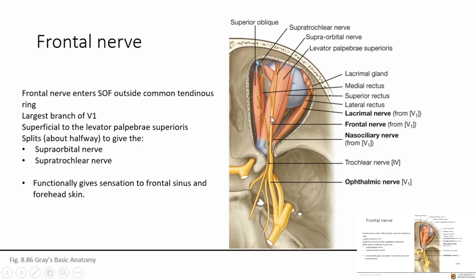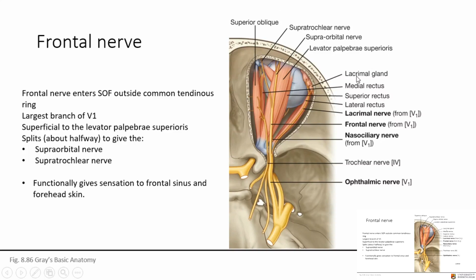It goes superior to the levator palpebrae superioris muscle, and it then will split halfway to give the supratrochlear nerve medially, and the supraorbital nerve that goes through the supraorbital notch, or foramen. So that is the supratrochlear nerve and the supraorbital foramen that will be located at this level. There.